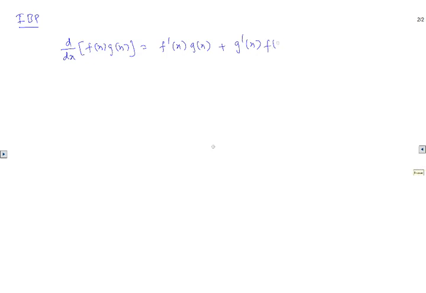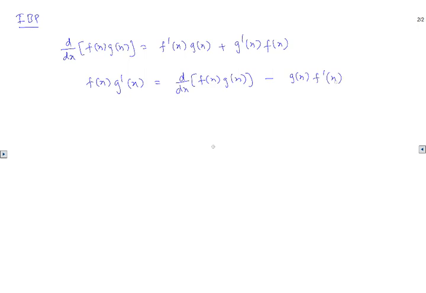That's the product rule. Now we're going to move the terms around. We can say f(x) g prime x equals d over dx of f(x) g(x) minus g(x) f prime x.